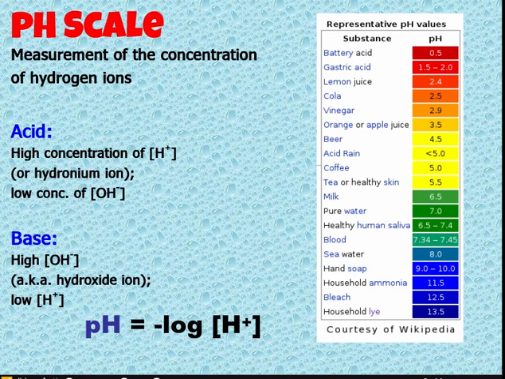So something that has a hydrogen concentration of 10 to the negative 2, its pH would be 2. And something that has a hydrogen ion concentration of 10 to the negative 13, its pH would be 13. So the lower number it has, the more acidic it is. The higher number it has, the more basic it is. And I guess that's it.